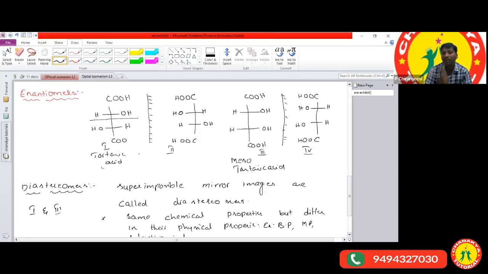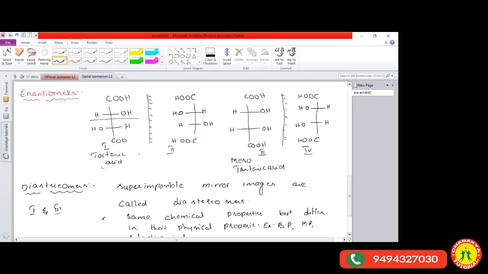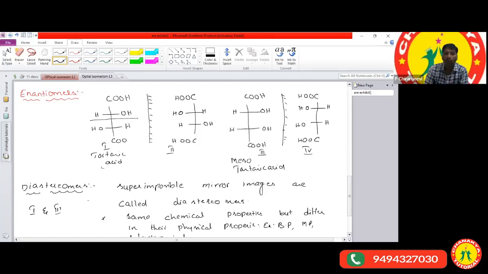Similarly, is any other structure going to match? 2 and 4. Very good, Ajay. 2 and 4 also is an example of diastereomers. Sir, in 2 and 4, which part is similar?